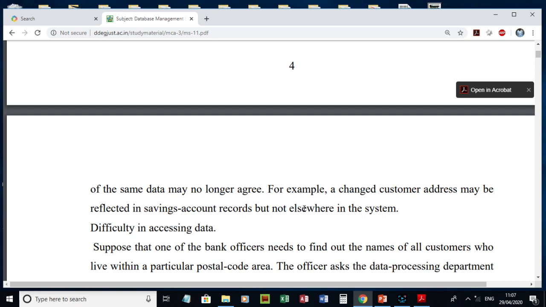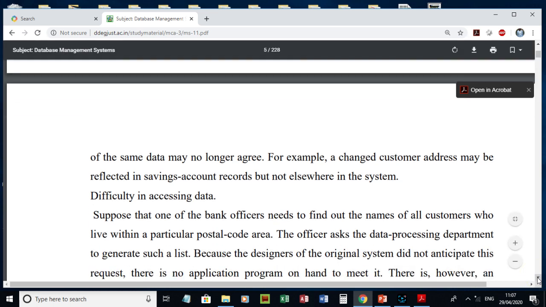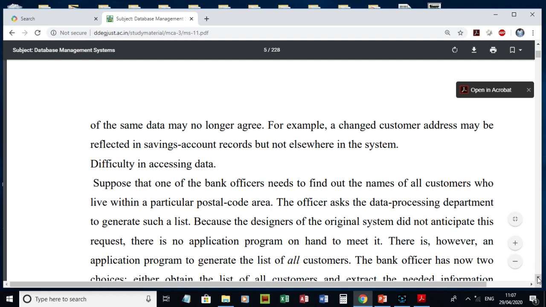Difficulty in accessing data: because of data redundancy, accessing data is difficult.